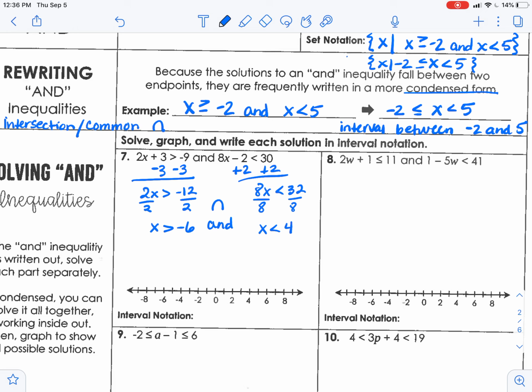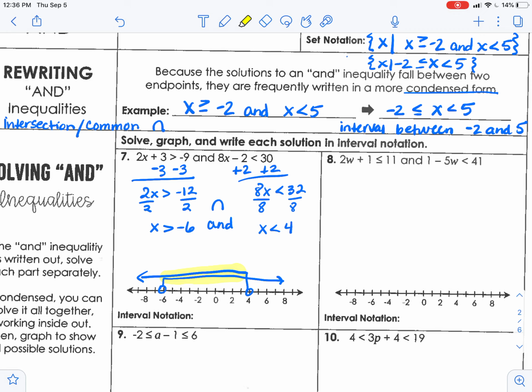Okay, so now here's where this one becomes just a little bit more complicated unless you remember the shortcut. But if I graph it again, x is greater than negative 6. Okay, x is less than 4. Okay, and then the question is, where do you see both graphs? And so when you look at this, you only see both of them right here. There's my interval. Now, I have kids who just do that and they stop.